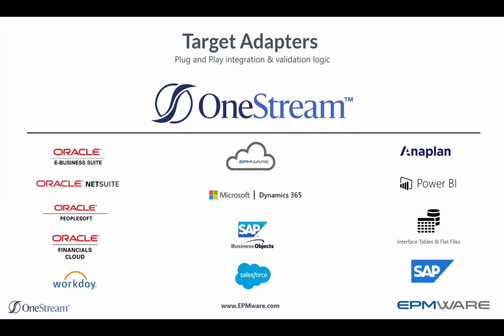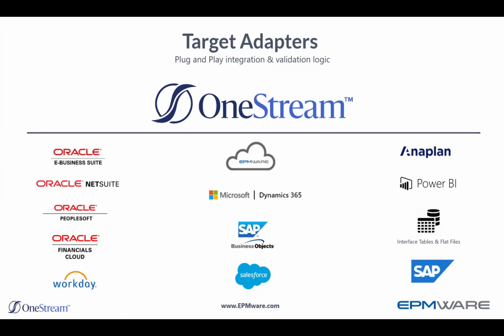So a lot of the adapters that we've developed really have been the result of implementations that we've done with customers and the expansion of the EPMware landscape out from just performance management, going out into the ERP and out to other data warehouse applications.